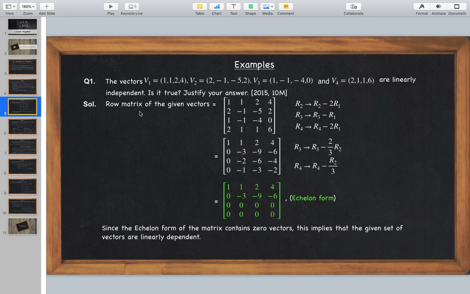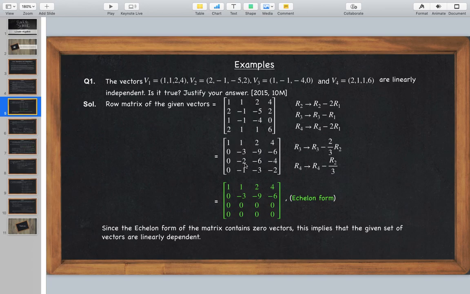First we form the row matrix of the given vectors, which is this matrix: first vector, second vector, third vector, and fourth vector. Then I apply row operations on the second, third, and fourth rows, which are r2 minus 2r1, r3 minus r1, r4 minus 2r1. The objective of applying these row operations is to create leading coefficients as 0 in the second, third, and fourth rows.